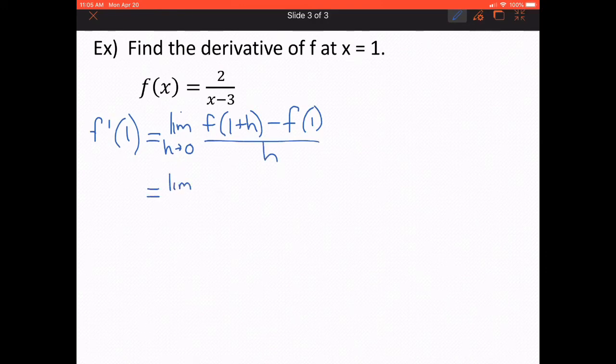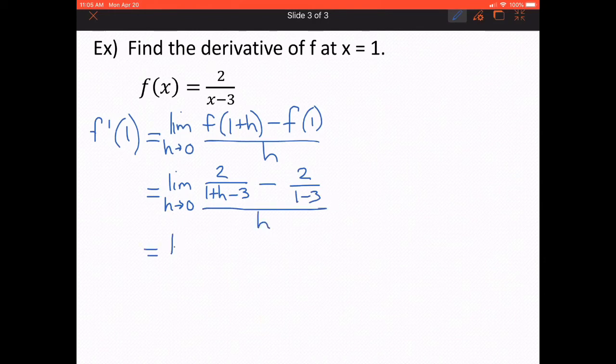So the limit as h approaches 0 of, let's see, now I'm plugging in 1 plus h. So 2 over 1 plus h minus 3 minus 2 over, and I'm plugging in 1, so 1 minus 3, all over h.